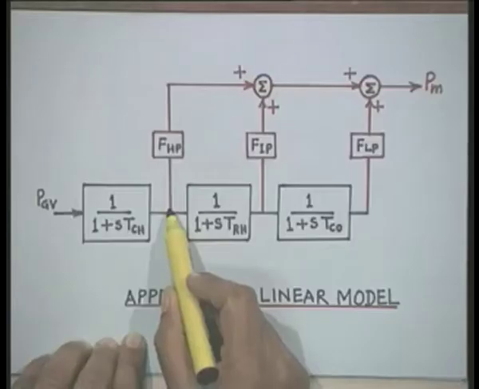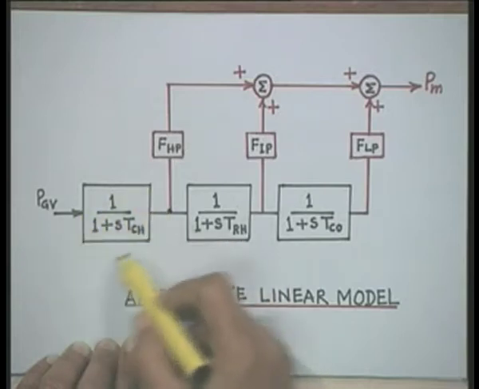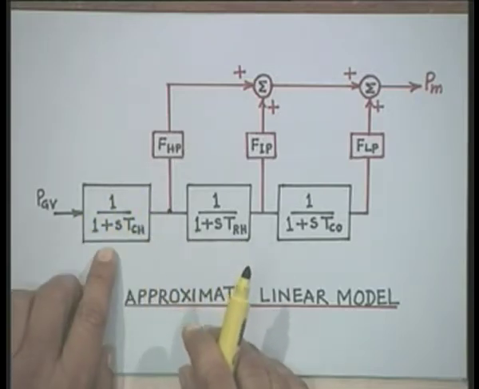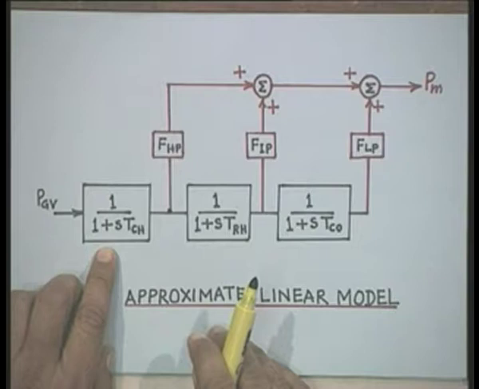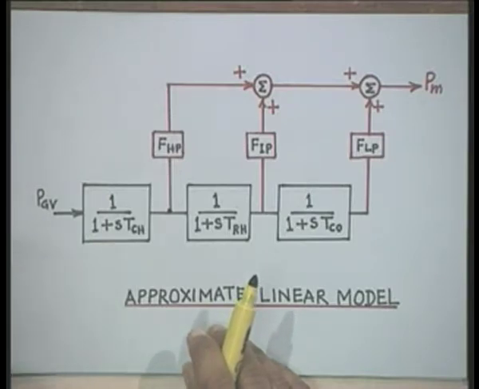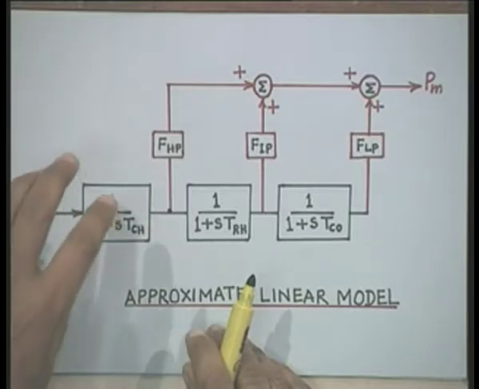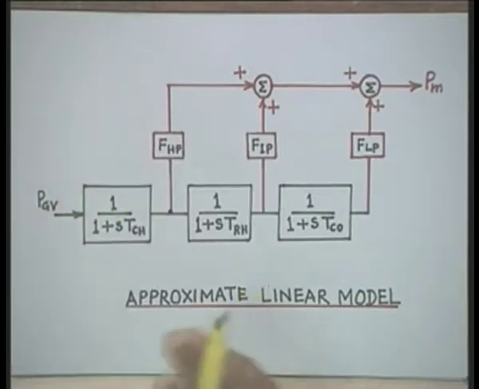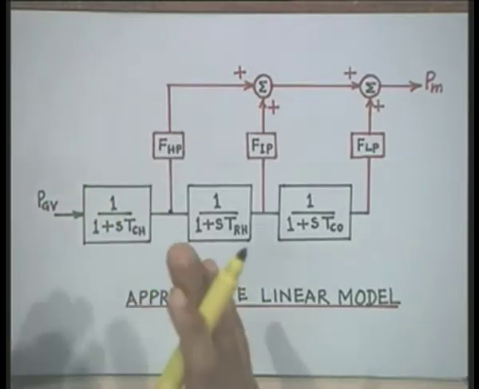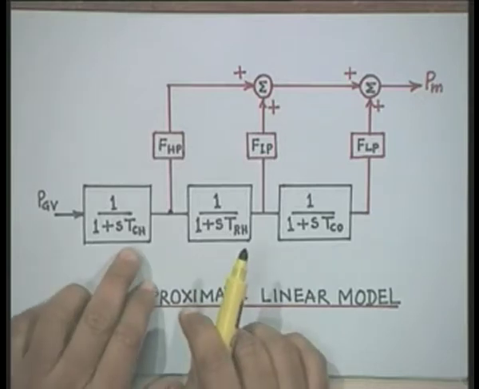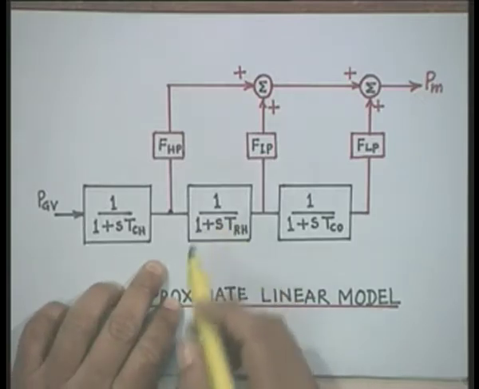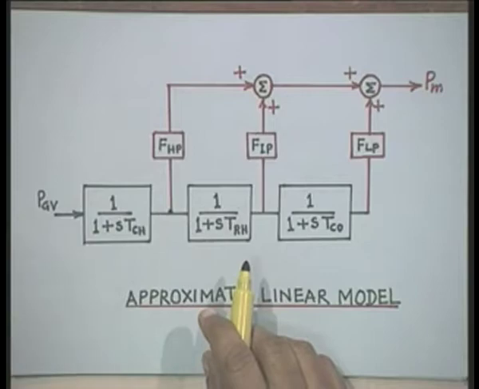Now this TCH will also include the time constant associated with the high pressure section. Therefore, this block diagram represents the vessel, that is the chest along with the high pressure section, and the total is represented by time constant TCH. Then the steam enters the reheater.